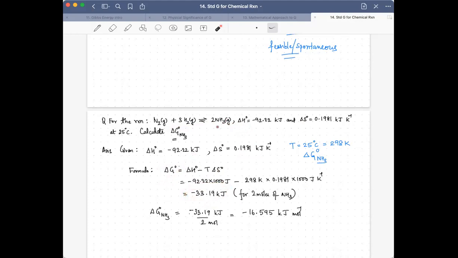Now, as I told you before, this is the reaction of formation of ammonia from its constituent elements nitrogen and hydrogen. We are asked to calculate the standard Gibbs energy of formation of ammonia.